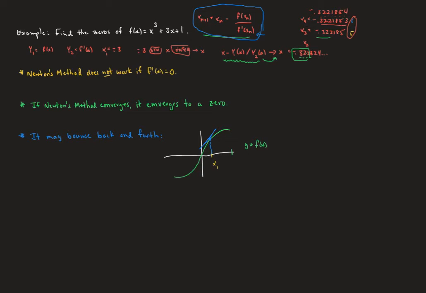The tangent line comes in here, and we find our x sub 2 here. And then we go to the curve, and we find a new tangent line. And now this tangent line sends us right back to where we started. And so when this happens, you can just end up going back and forth between two numbers and never close in on anything.